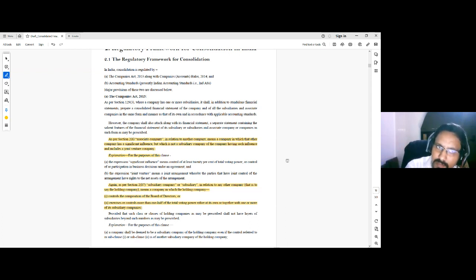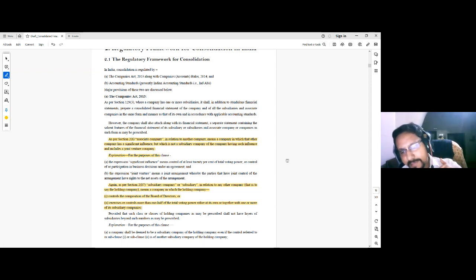Okay. So what does this significant influence mean? As explained in the Companies Act, significant influence means control of at least 20% of the total voting power, or control or participation in the business decision under an agreement.